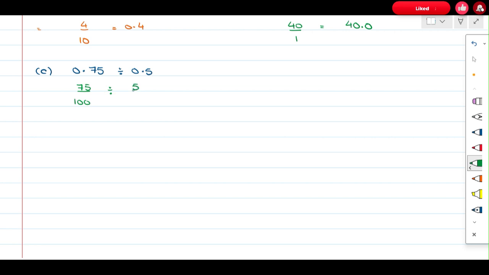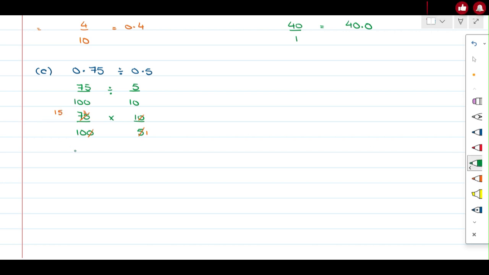This is 5 over 10 because there is one decimal place. Now the first fraction stays the same, multiplication, reciprocal of the second fraction. All right, now let me simplify. This 0 is cancelled with 0, right? And we can do 75 with 5. 5 times 1 is 5. 5 times 1 is 5, 6 and 7. 2 is left, 25. 5 times 5 is 25.